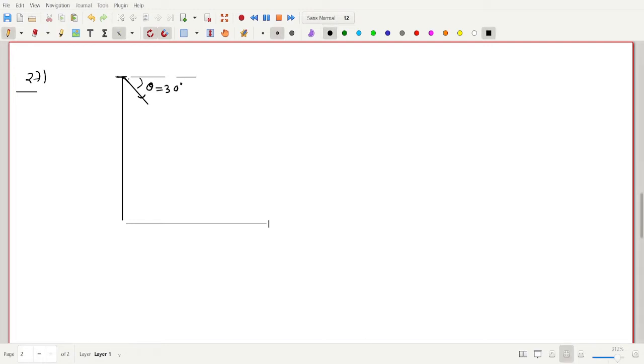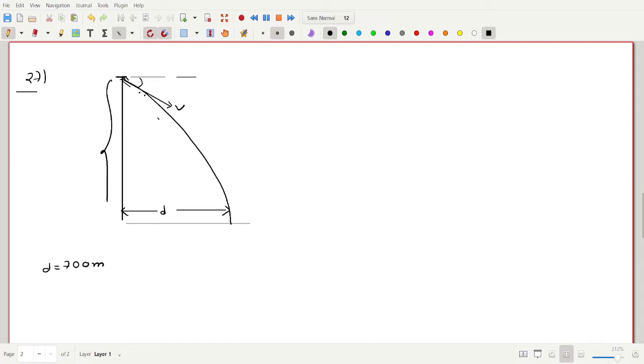So this is the trajectory of the decoy. So d equals to 700.